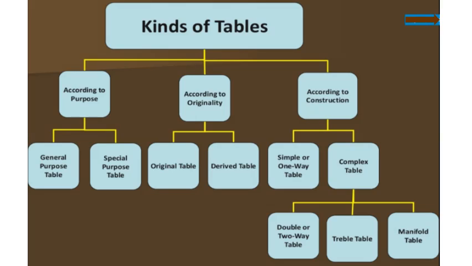But here you should know how we can present data in the form of tables, how we can present different characteristics of data, different features of data with the help of tables. So this completes your topic tabulation of data.